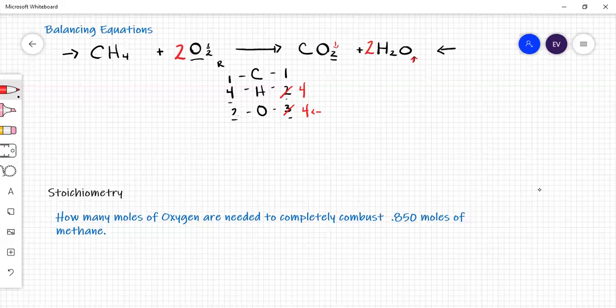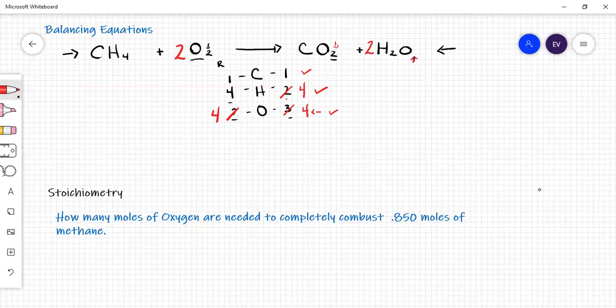I put another 2 right here. 2 times 2 gives me 4 oxygens. So I have 1 carbon and 1 carbon, balanced. 4 hydrogens and 4 hydrogens, balanced. 4 oxygens and 4 oxygens, balanced. This has now become a balanced chemical equation.